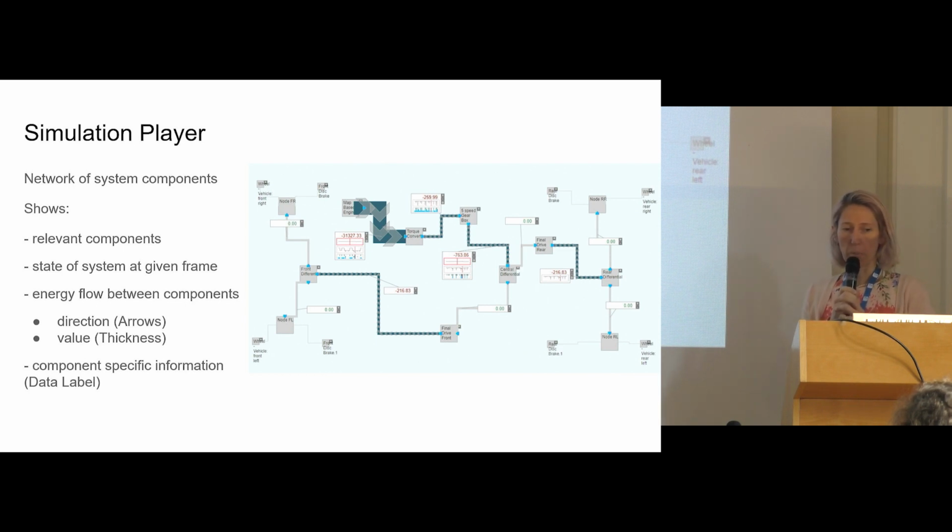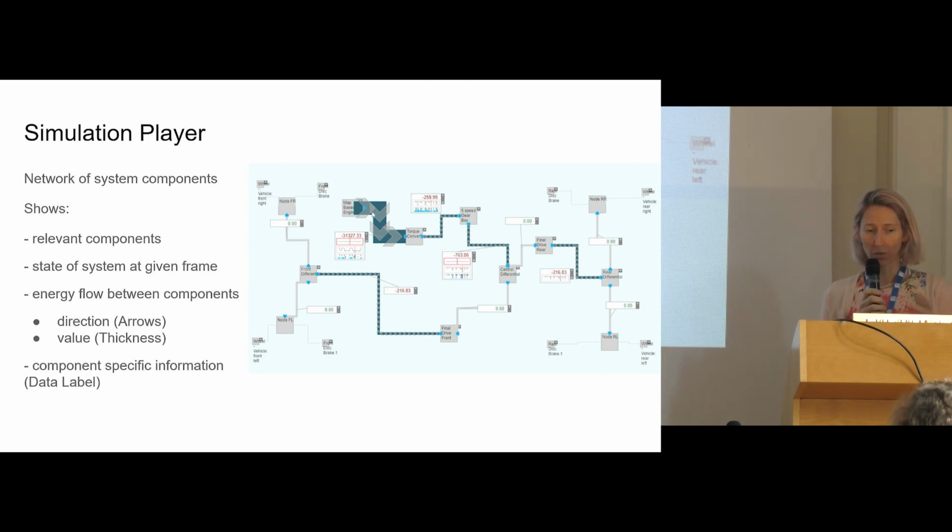The value of each flow is depicted in the thickness of the connections of the flows, and the direction of the flow we can see by these arrows on the flows, like here, for example.